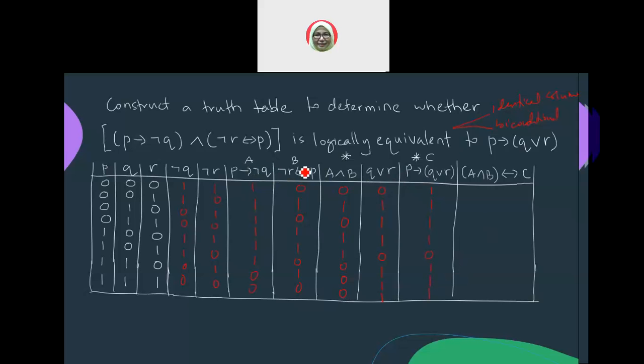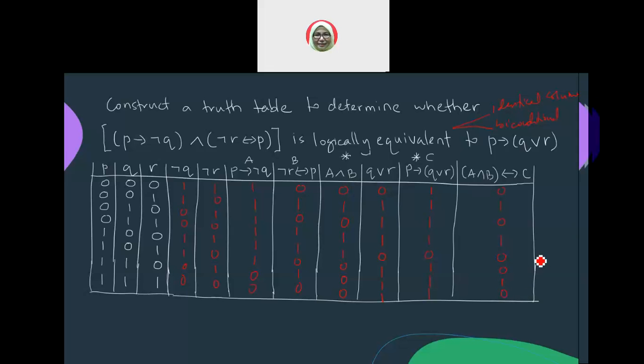A and B. So this column, this column, biconditional C. This column biconditional C. This one you got 0, 1, 0, 1, 0, 1, 0.